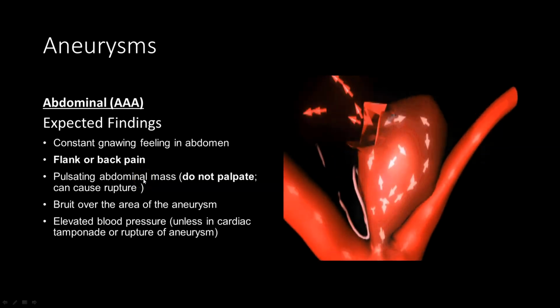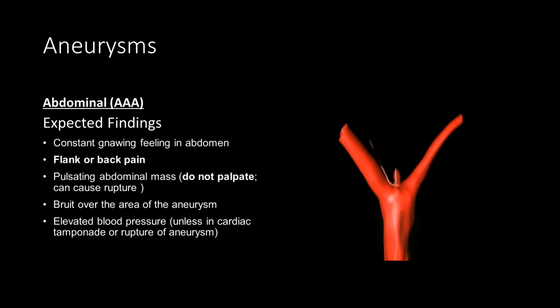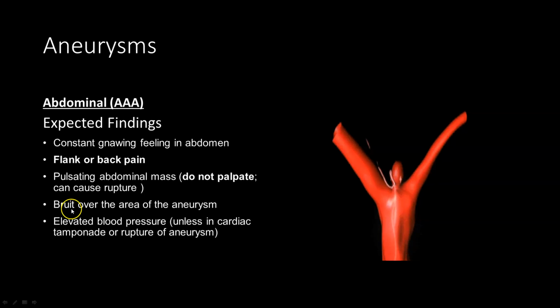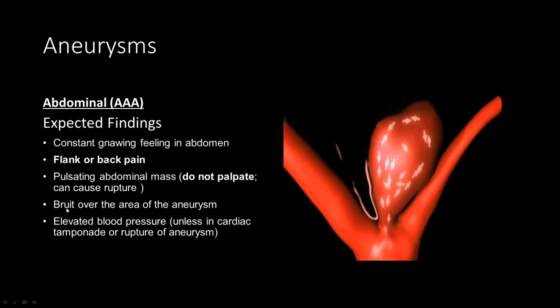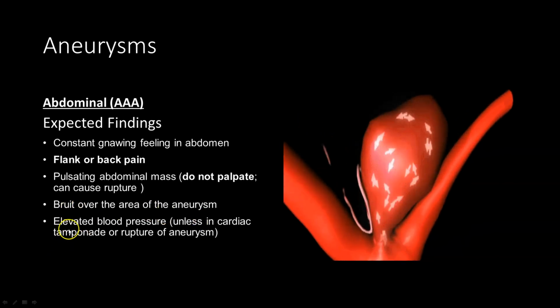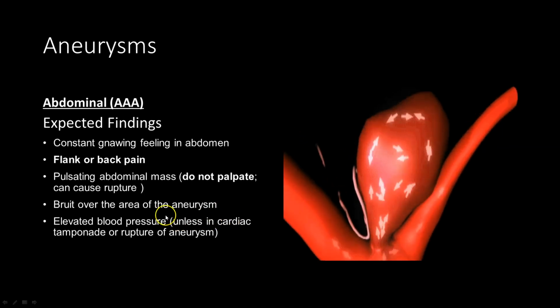You don't need to listen to it right on top of it. Go a little bit above, a little bit below. You're still probably going to be able to hear a bruit. You might even be able to feel a thrill. We're not pressing on it. You're just touching. And then usually we know that that client probably already has elevated blood pressure.